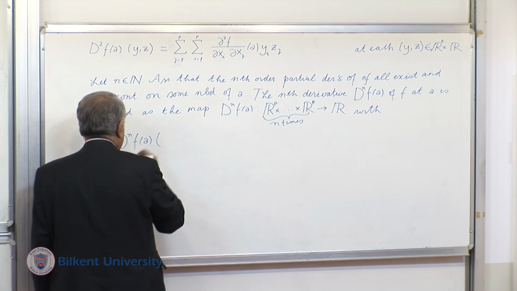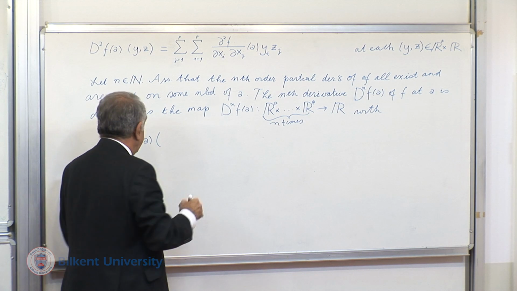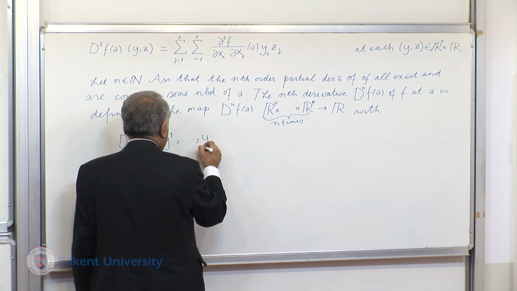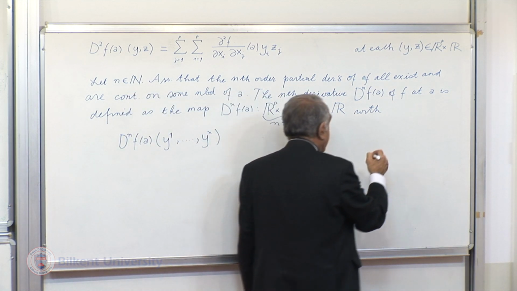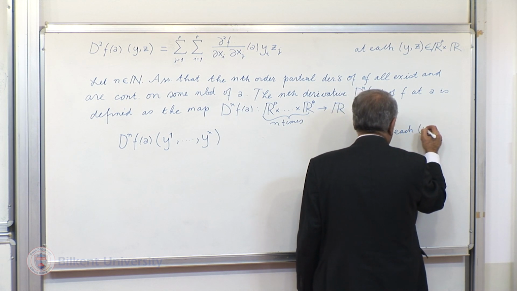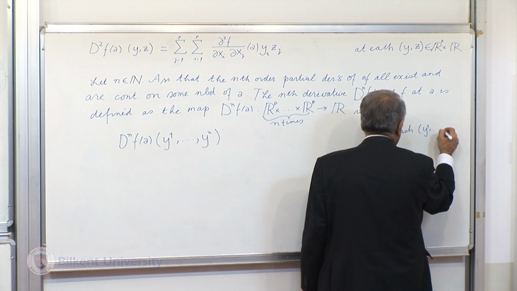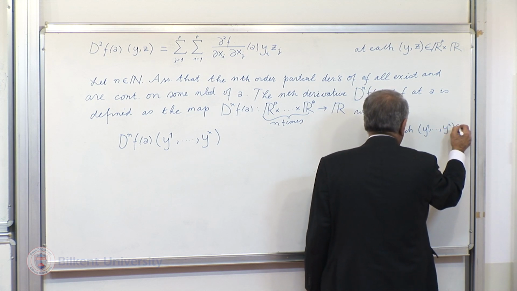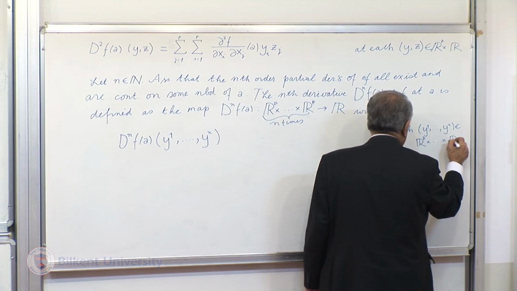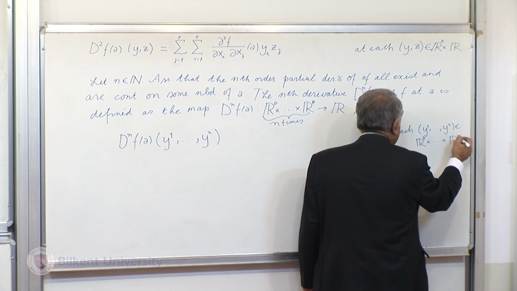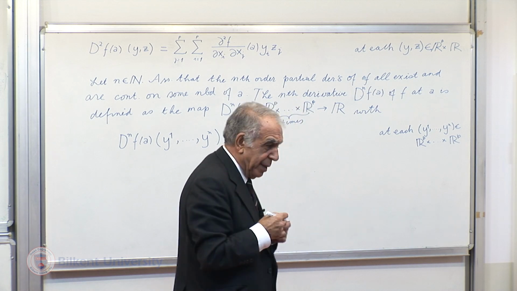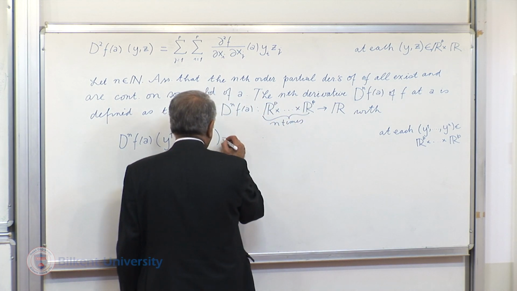Now I will take y1 up to yn, at each y1 up to yn in Rp cross Rp and so on. That is, each of these components, y super i, is a p vector, and we take n of them.